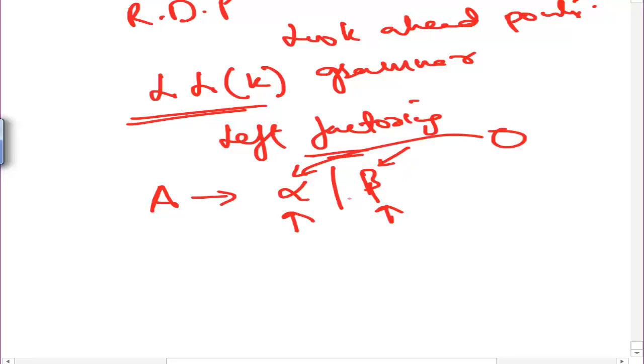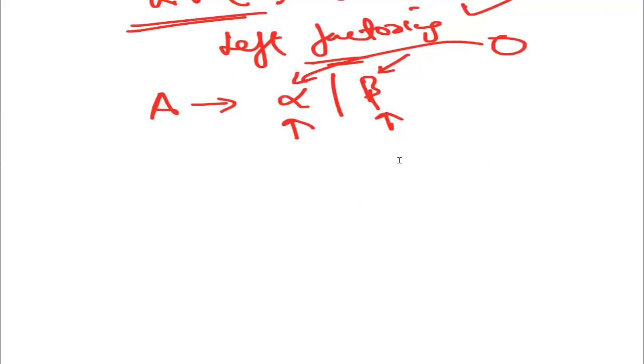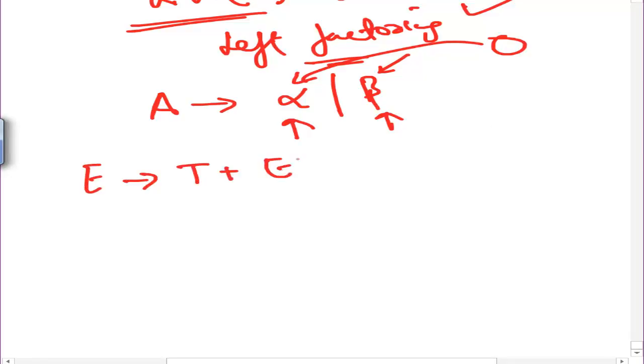But sometimes the grammar is not so obvious. That is why we need left factoring of a grammar to make it an LL(k) grammar. Now if we see this grammar where we have E goes to T plus E or T, what about this grammar?